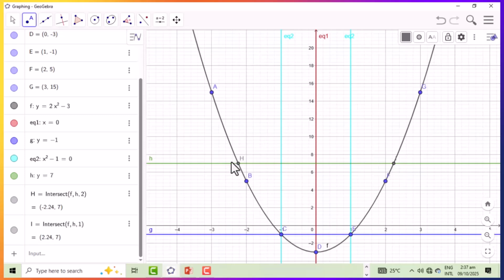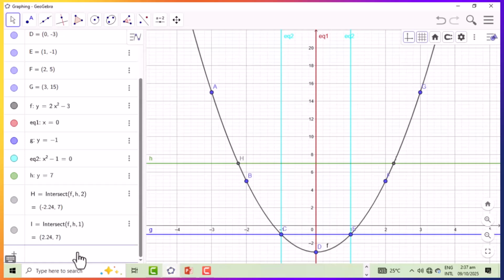On the first x coordinate, we could see the point to be negative 2.24, so negative 2.2. And the second coordinate, we could see 2.24, which is 2.2. So these are the x values.